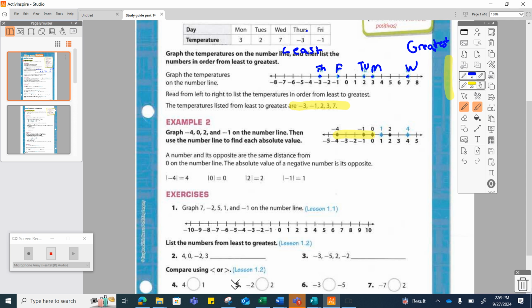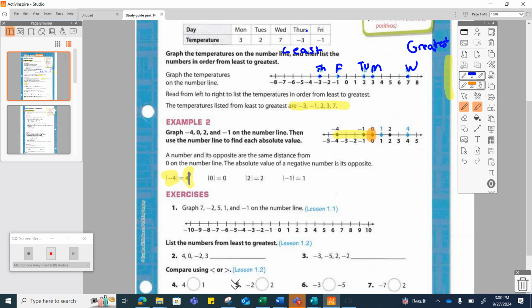This symbol means the absolute value of -4. How far is -4 from 0 on the number line? It's 4 spaces. Whoops, lost my highlighter there. 4 spaces. Okay, let me try another one. I'm going to change colors to help you follow along. 0 to 0. It's no spaces to 0 on a number line.